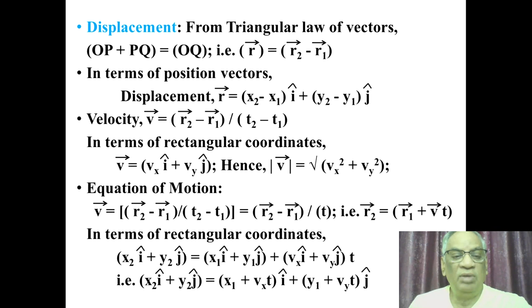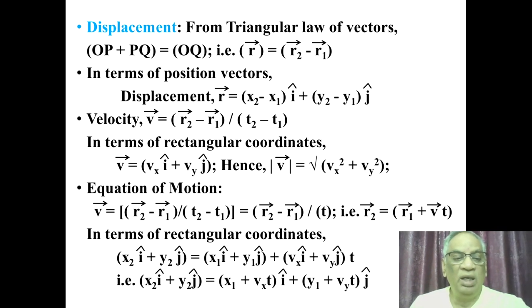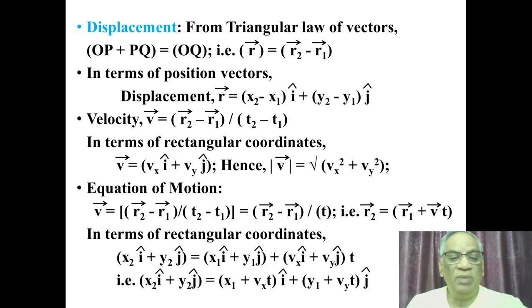In terms of rectangular coordinates, the velocity vector is given by vx i plus vy j. That is, vx is the velocity component in the x direction, vy is the velocity component in the y direction, and which is presented in the unit vector notation. Hence, the magnitude of v bar is given by square root of vx square plus vy square.